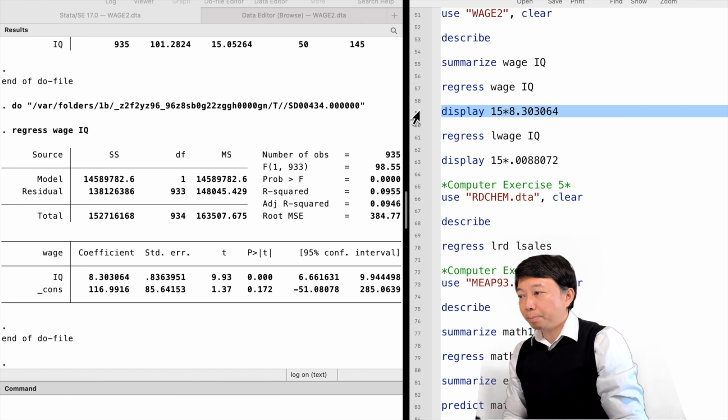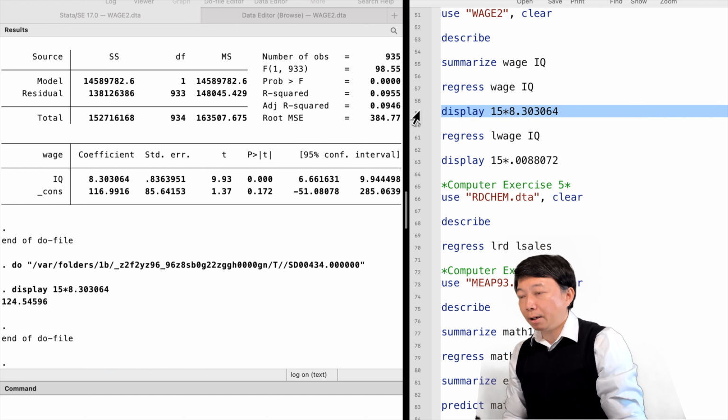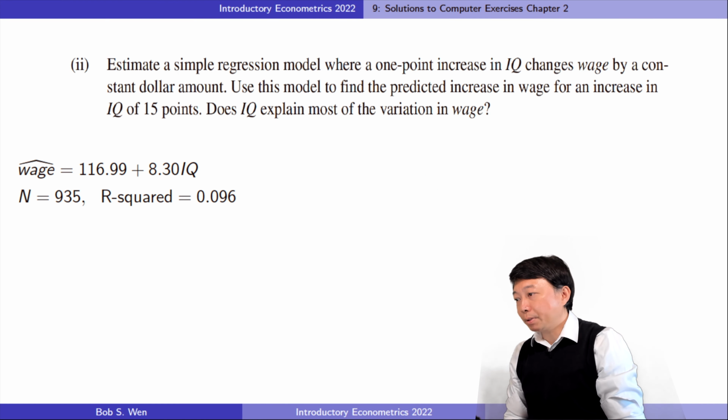The wage is predicted to increase by $124.55 for an increase in IQ of 15 points. The R squared is 0.096. Less than 10% of the variation in wages can be explained by the variation in IQ scores.